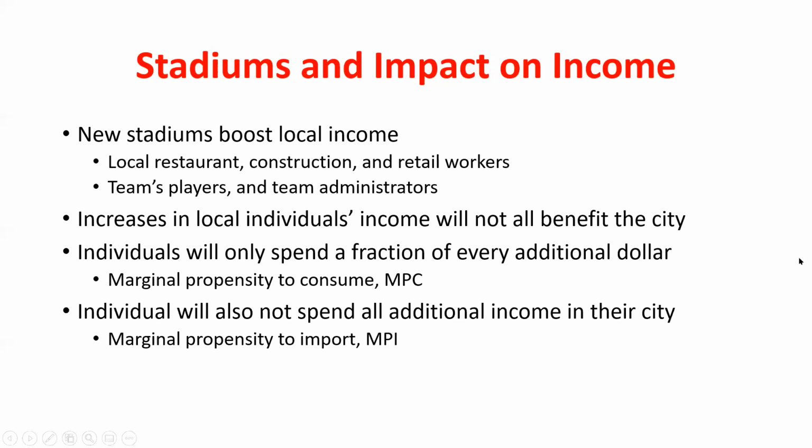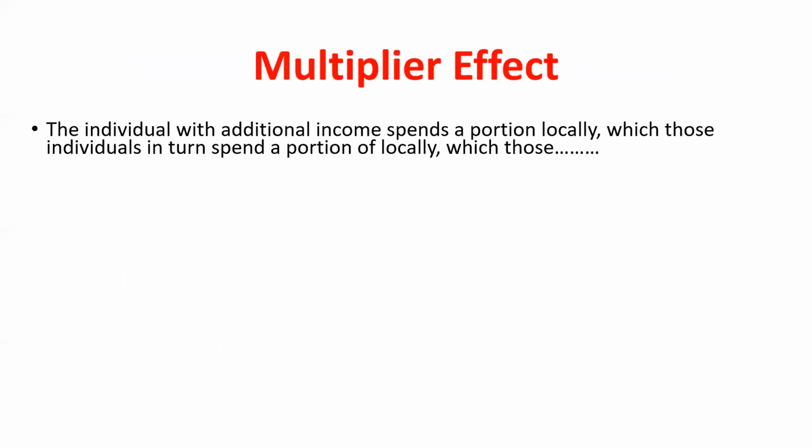So the way that we'll calculate this multiplier effect, we know that if they consume more, their marginal propensity to consume, they're spending a higher percent of their income, that's going to be a better thing for the city. We also know if that marginal propensity to import is lower, right, they're spending more of their money in the city, not outside of it, then that's also going to increase our multiplier effect.